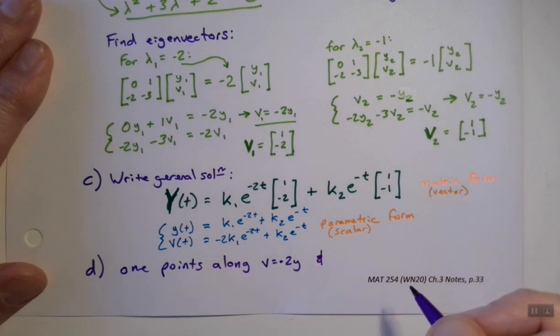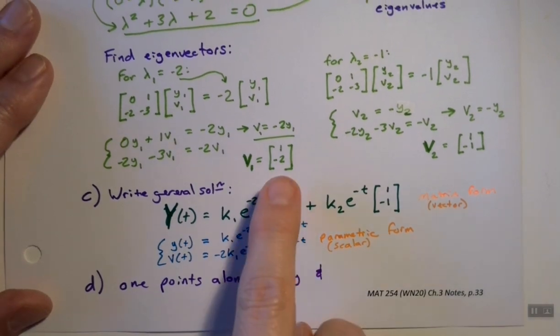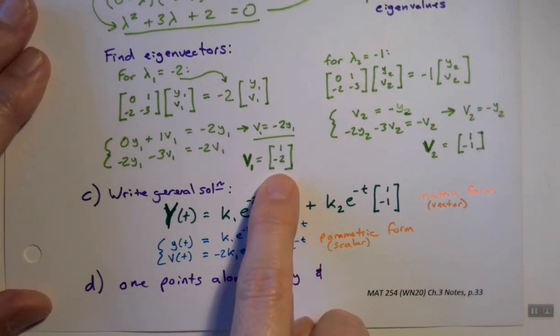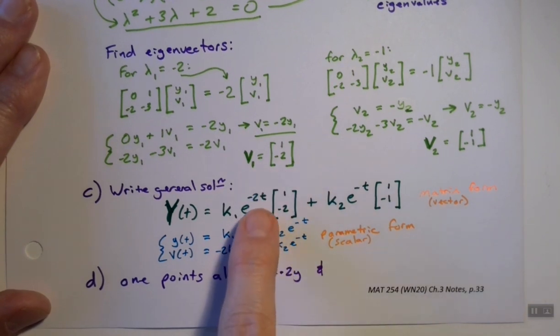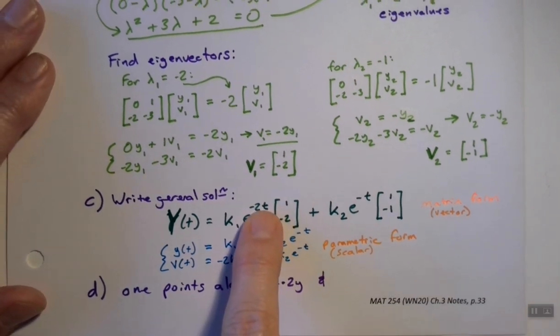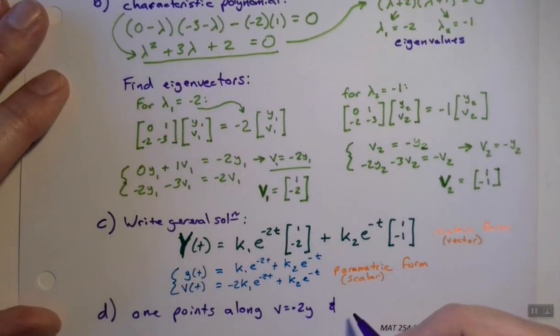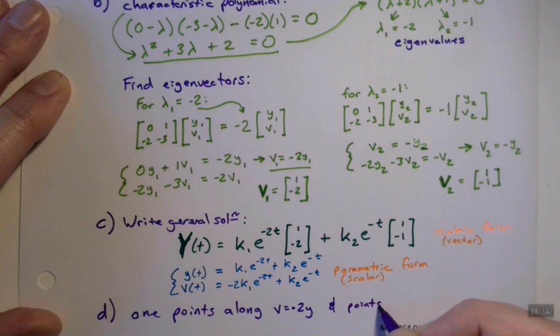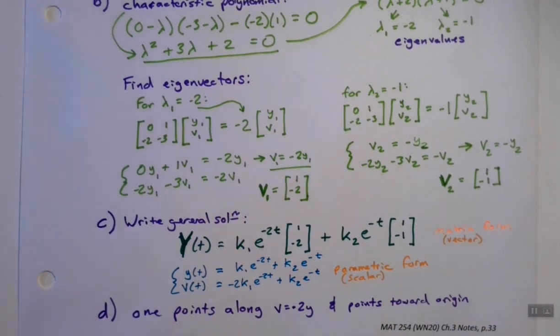And we know that because it points along this direction, the way we can tell which way along that line on the phase plane is by taking a look at the lambda value. And since lambda up here, lambda of negative 2, that's a negative, we know that it points toward the origin because it's exponential decay.